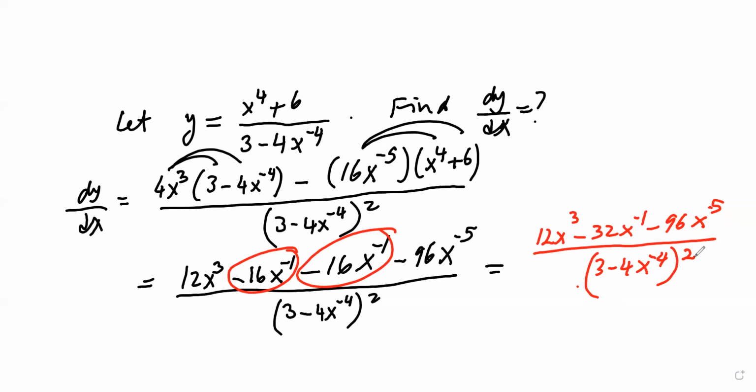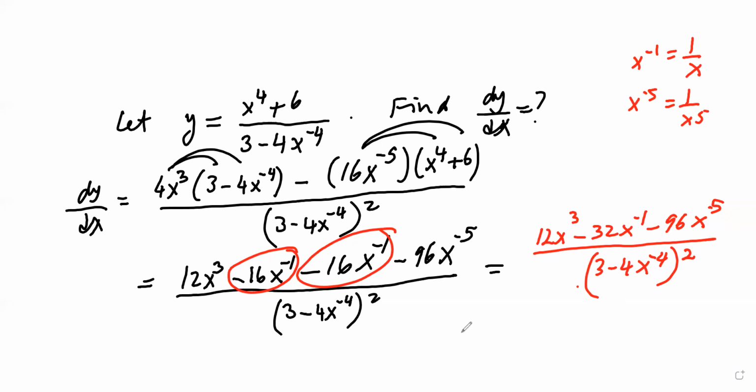And I mean, this can be simplified further. If you do the reciprocal, I mean, this is fine, but x to the negative 1 is 1 over x, and x to the negative 5 is 1 over x to the 5. So we can do that.